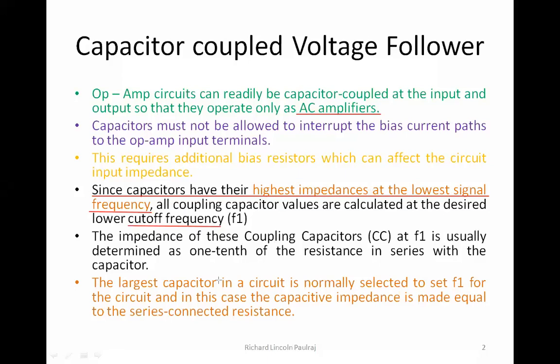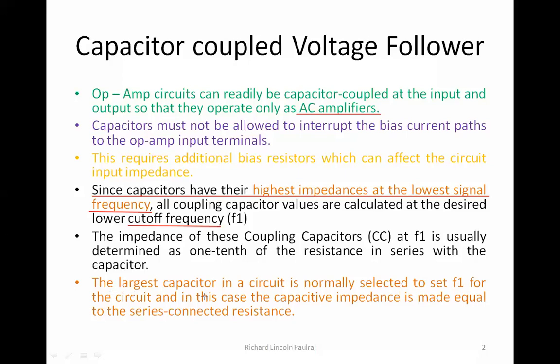The impedance of these coupling capacitors at F1, which is the lower cutoff frequency, is usually determined as 1/10 of a resistance in series with the capacitor. So I'll be having the value of resistance which is 1/10 the value, if I'm operating the capacitor at frequency F1. What is F1 here? Lower cutoff frequency.